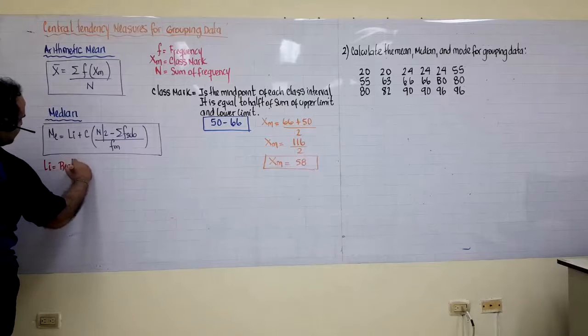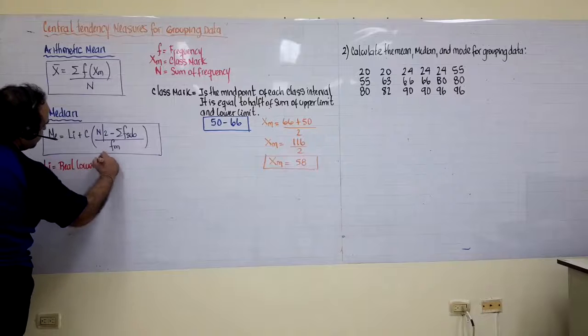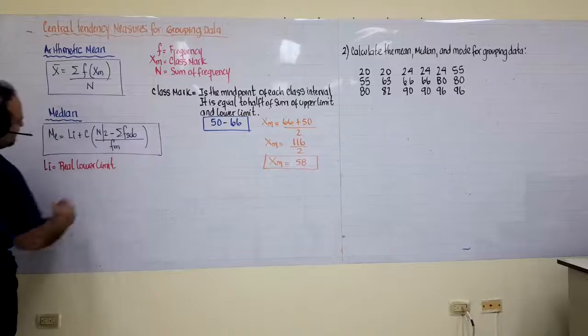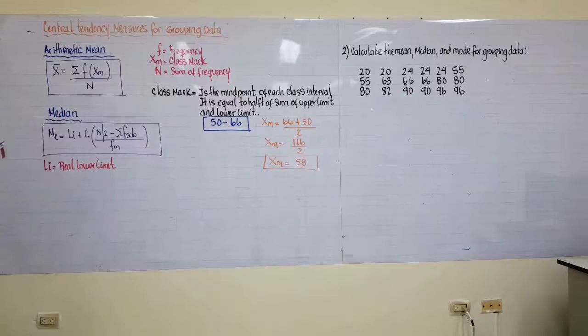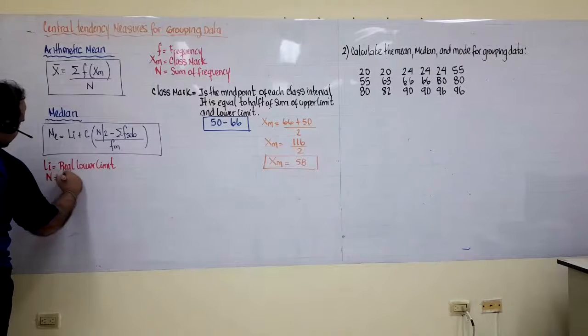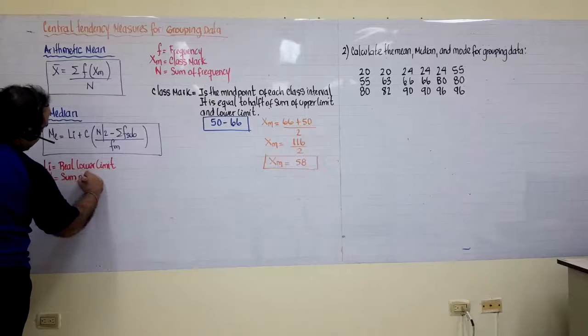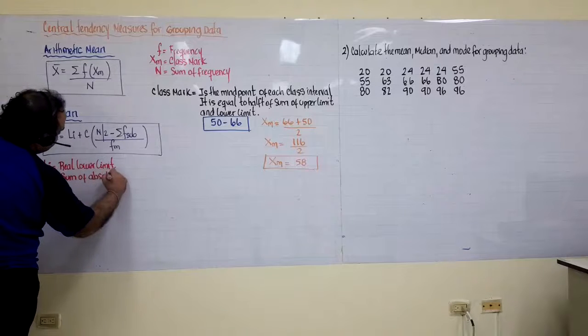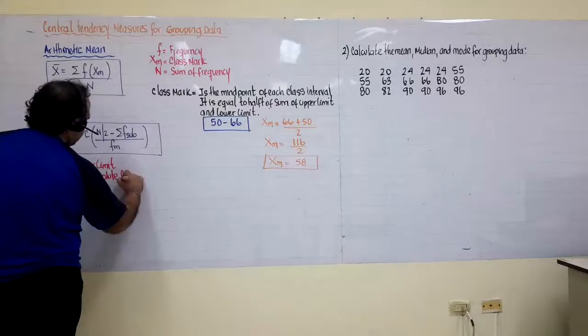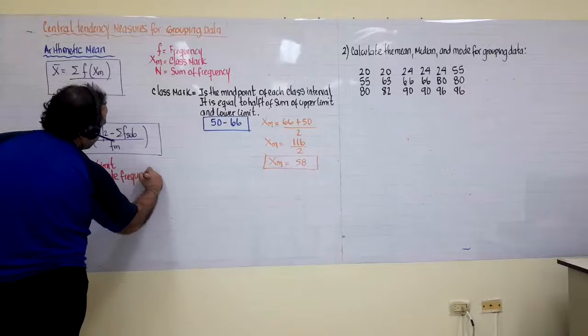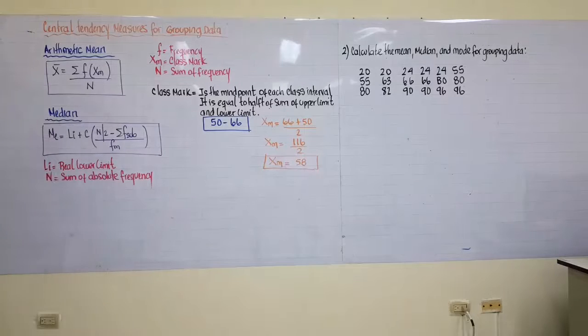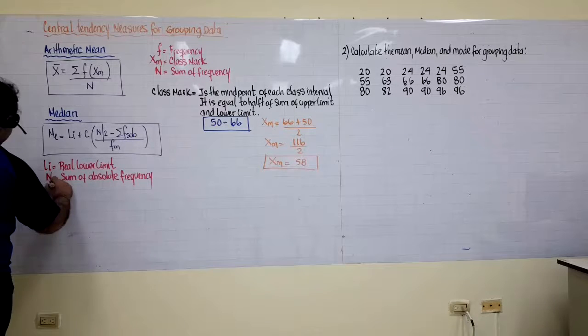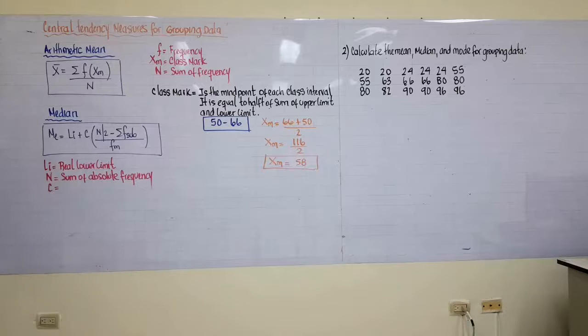The letter N represents the sum of the absolute frequency. C represents the width class, o sea, el ancho de la clase, the width of the class.